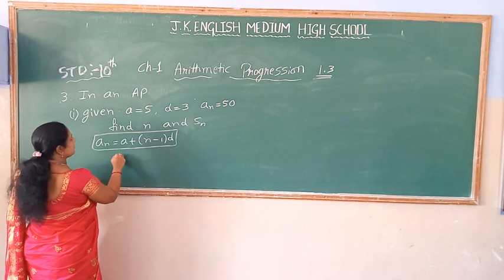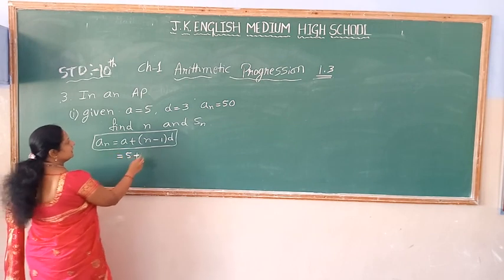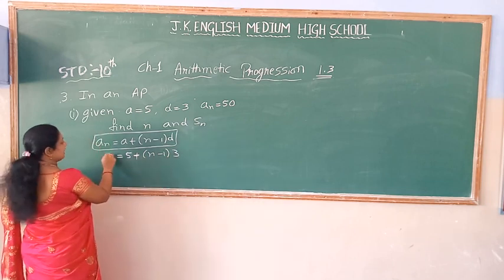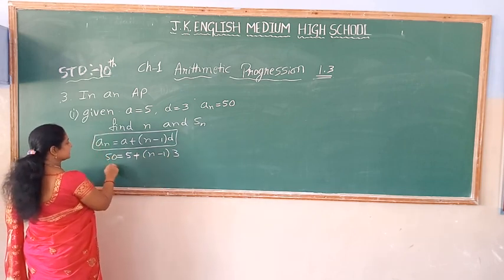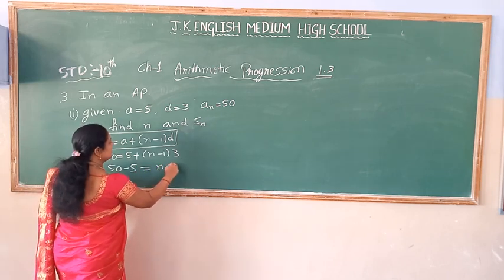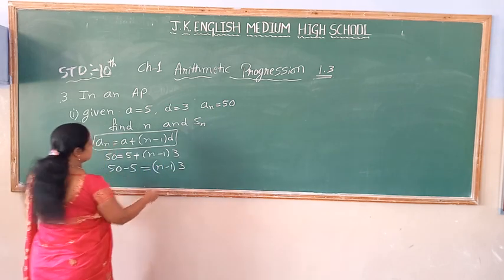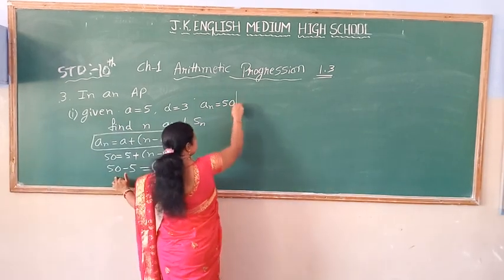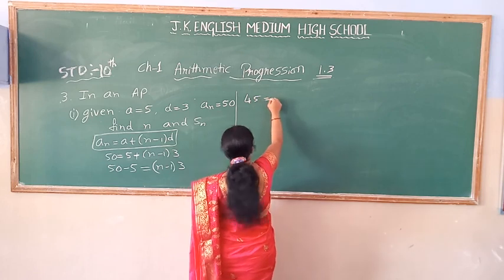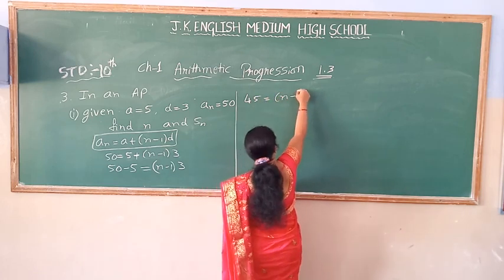So substitute the values. a value 5, n value we don't know, d value 3, an value 50. You take it this side: 50 minus 5 is equal to n minus 1 into 3. Simplify now. 45 is equal to n minus 1 into 3.